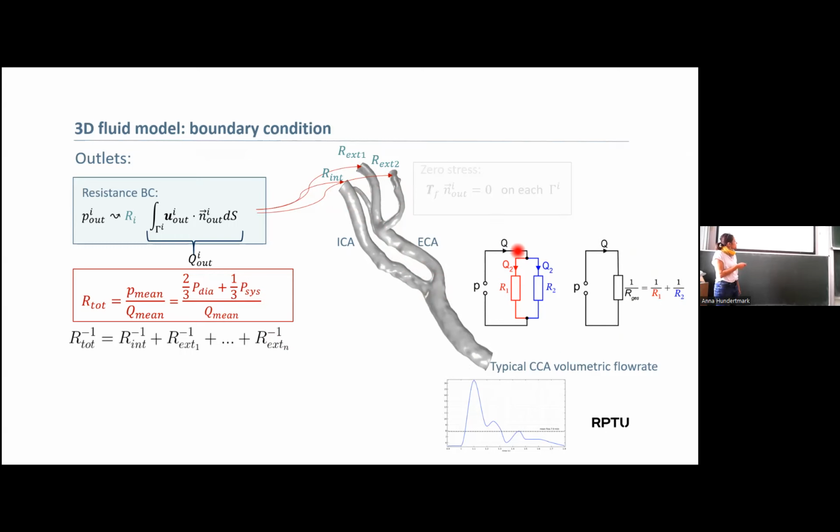When you have parallel branches with individual resistances, you can obtain the total resistance: one over the total resistance is the sum of the reciprocal values of the individual resistances. This is Ohm's law, a very simple law, and we applied the same principle here. So one over the total resistance is the sum of the reciprocal resistances of the internal and three or many external branches, which is the case in normal patients.